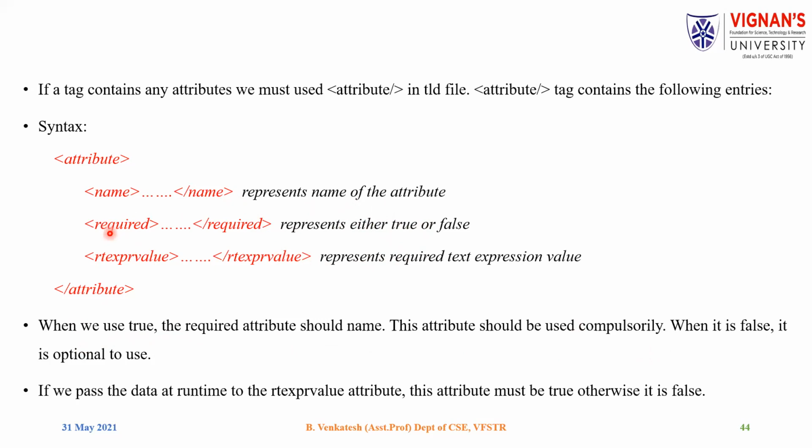If we specify false, it means it may or may not be used, it is optional. And if the value for this tag is going to be passed at runtime, then this should be true, otherwise it should be false, okay.